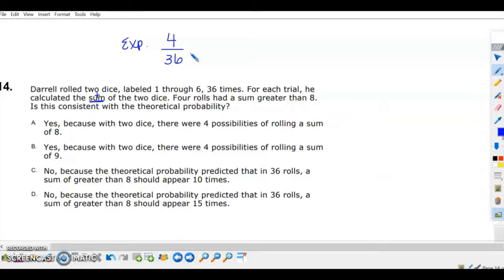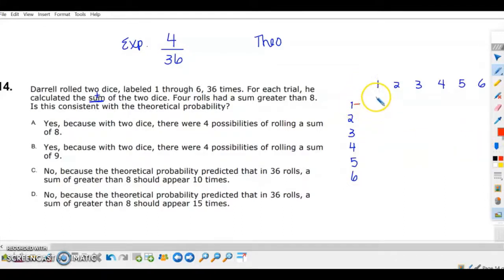Now we need to find the theoretical probability of rolling a sum greater than 8. So we need to think about all of the ways that there are to roll 2 dice that add up to something bigger than 8. So we're going to list out all of the possible sums. I'm going to put the possibilities, if you roll a 1, 2, 3, 4, 5, or 6 for the first die, and a 1, 2, 3, 4, 5, or 6 with the second die, and we're going to look at the sum.